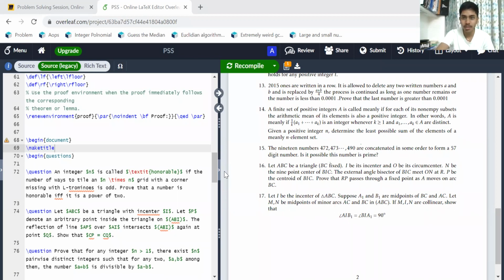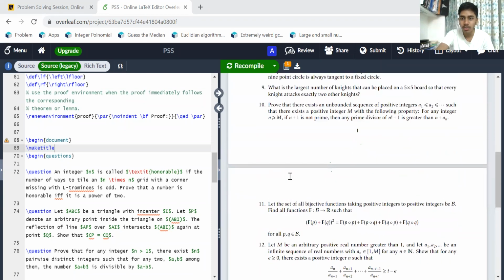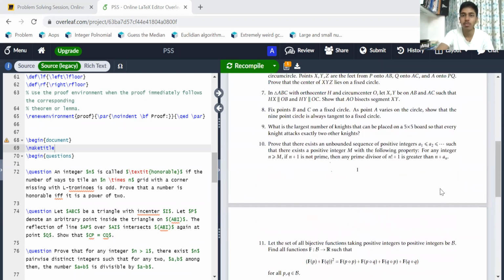Okay, Anurag says try the China TST NT. I'm assuming you refer to the 10th problem. Does anyone else want to do the 10th problem or something else? You can say in the chat or unmute and say.